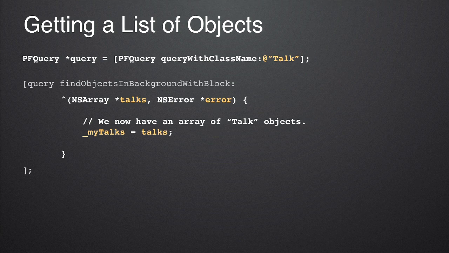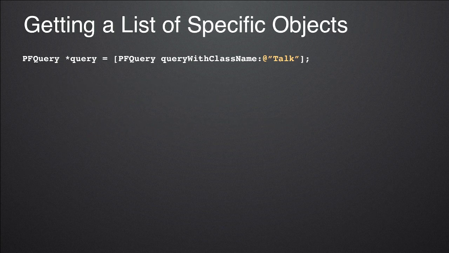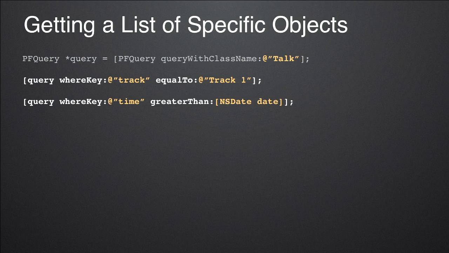Now, if you want to get a specific type of talk object, this query can be expanded. Let's say that I just want to get those talks that are taking place in this track, in the Parse 101. And I also want to only get those talks that haven't happened yet.